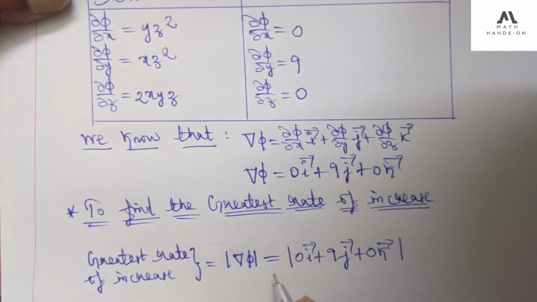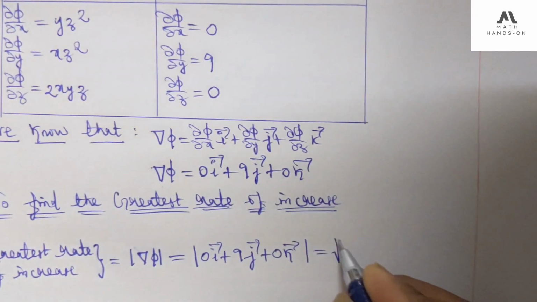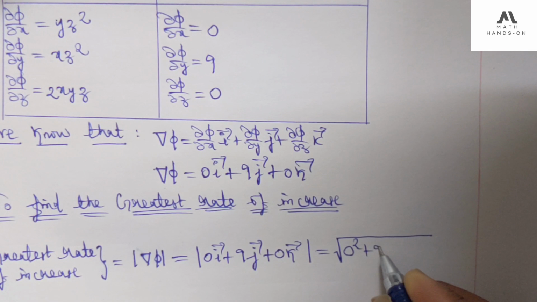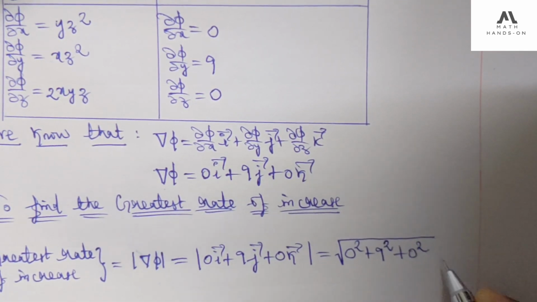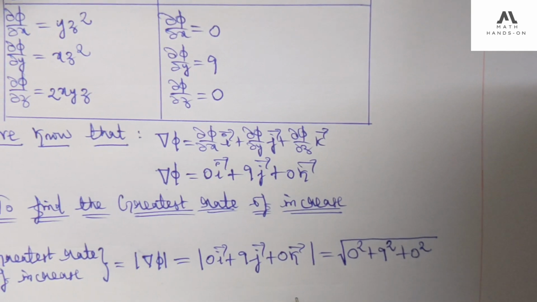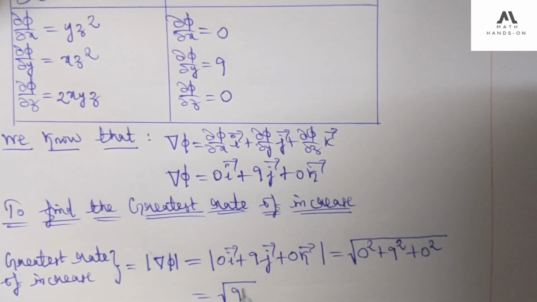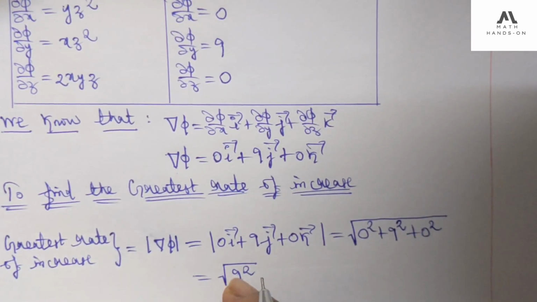So which means square root of 0 square plus 9 square plus again 0 square. Which implies we get root of 9 square. The sum of 0 square plus 9 square plus 0 square is 9 square.